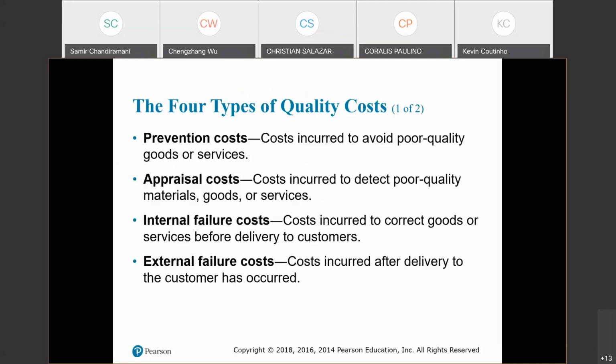In QMS, there are 4 types of quality-related costs. First one, prevention costs, means the costs incurred to avoid poor quality goods or services.